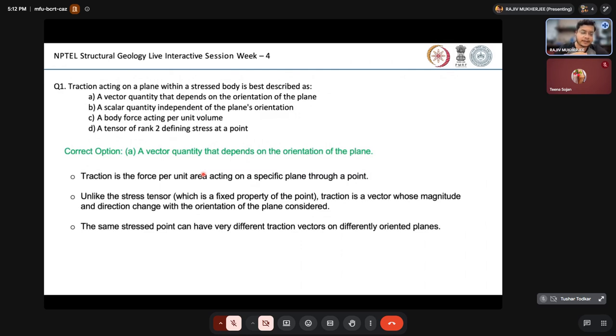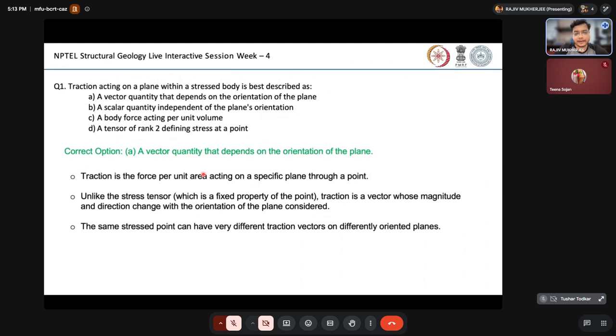So you combine all the tractions to get a stress tensor. That is why traction is also a tensor but of rank 1, and any tensor that has rank 1 is known as a vector, and any tensor that has rank 0 is actually a scalar.